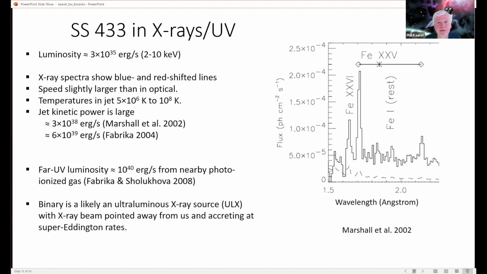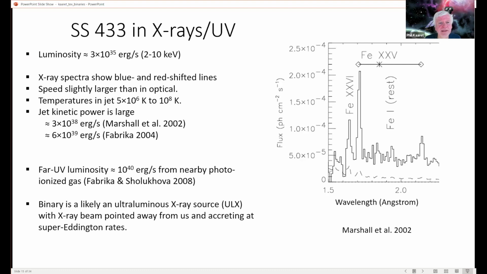The X-ray spectra also show blue and red shifted lines. This is actually a spectrum from one of Herman Marshall's papers on the source. The cross below iron 25 shows the rest frame energy, and the 2 diamonds show the blue and the red shifted peaks that you actually see in the data.